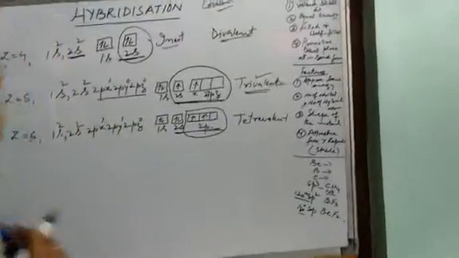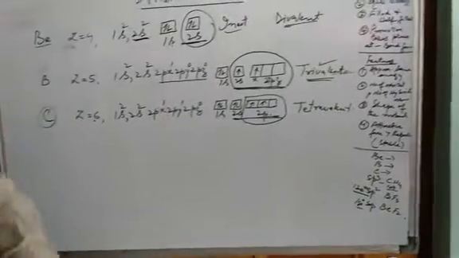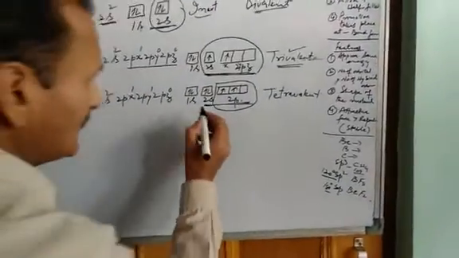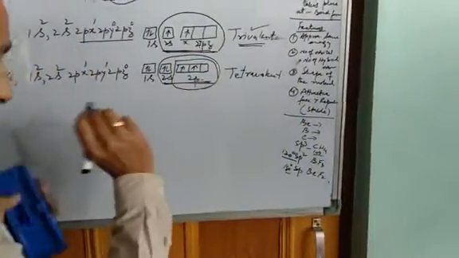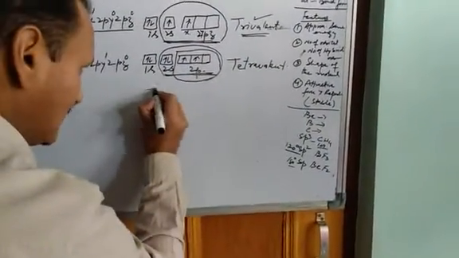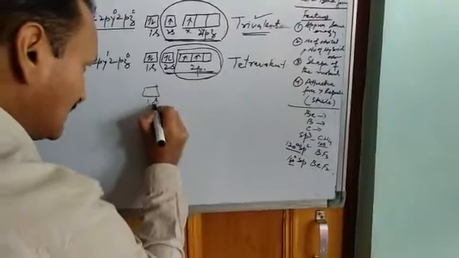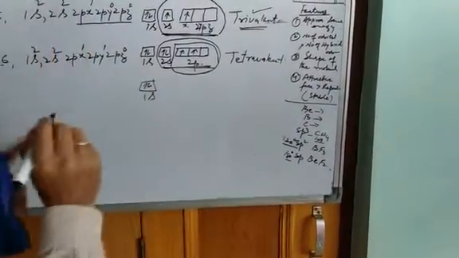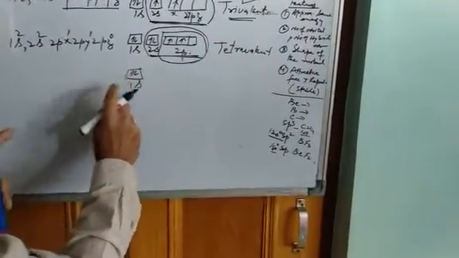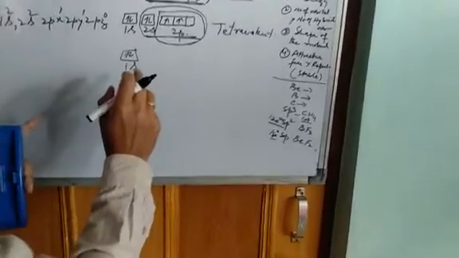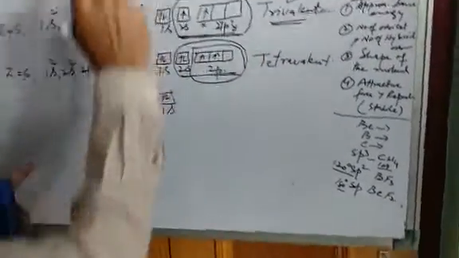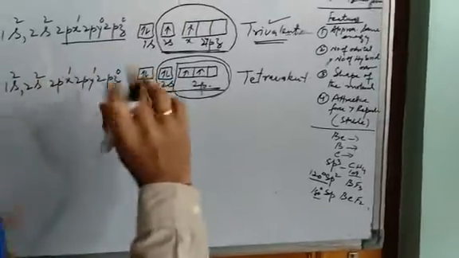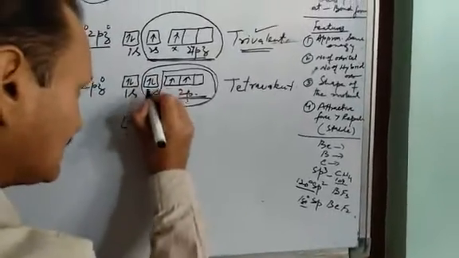For example, take carbon. This is its valence shell. In hybridization, no change will take place in the first shell. Whatever changes take place, they take place in the valence shell, because this concept is limited to the valence shell.